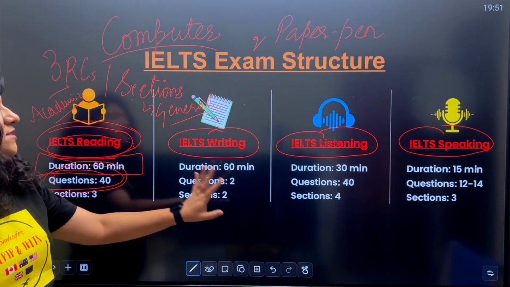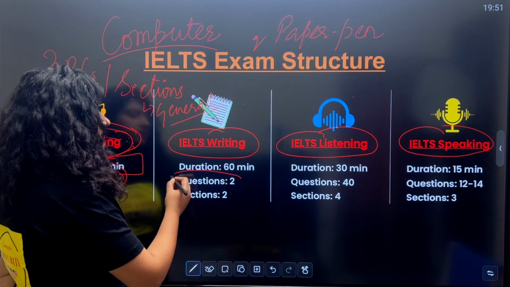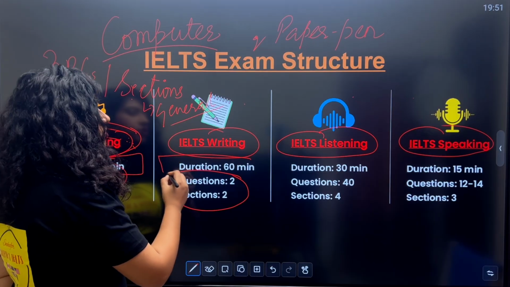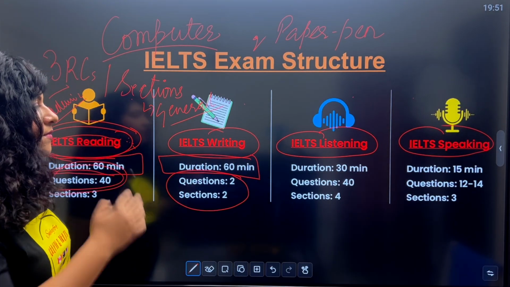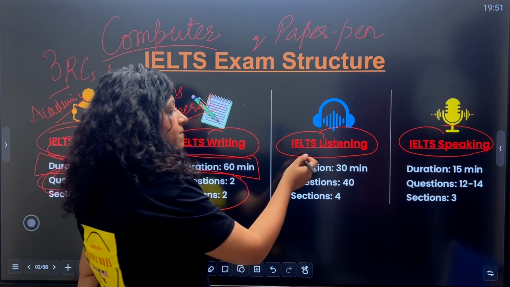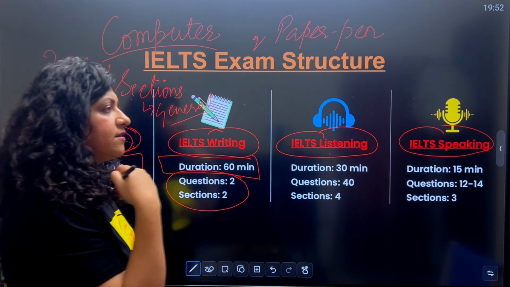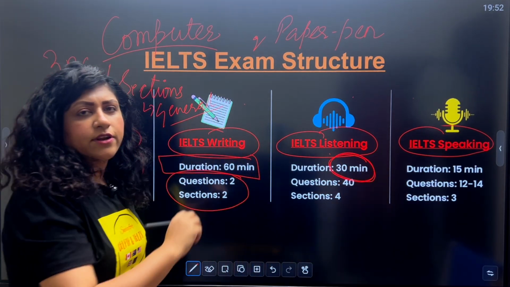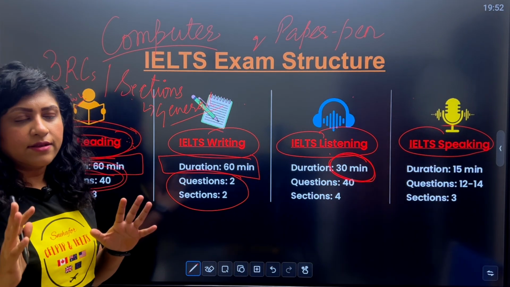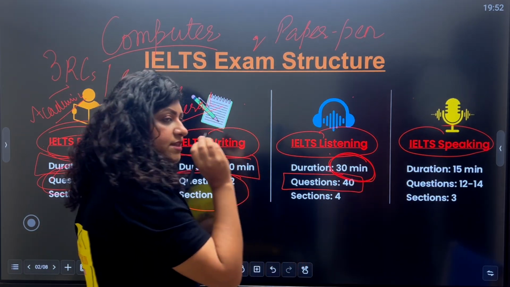When it comes to IELTS writing, we have 2 questions, 2 tasks, and the duration of this is also fixed, which is 60 minutes. When we talk about IELTS listening, the approximate duration is going to be half an hour, which is 30 minutes. However, the number of questions is fixed.